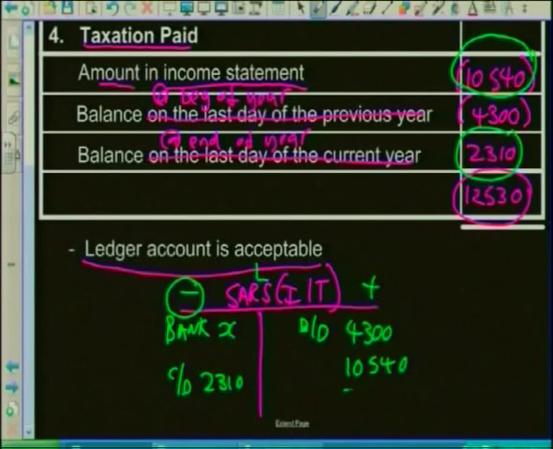So in order for me to calculate the X, let's go to the credit side because I've got all my known amounts. I am adding 4,300 plus 10,540 and thereafter I am subtracting my 2,310 to get my bank amount.